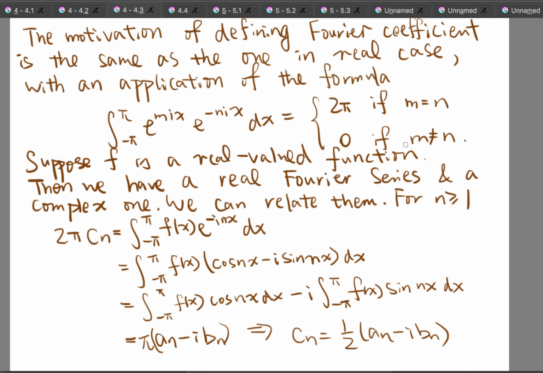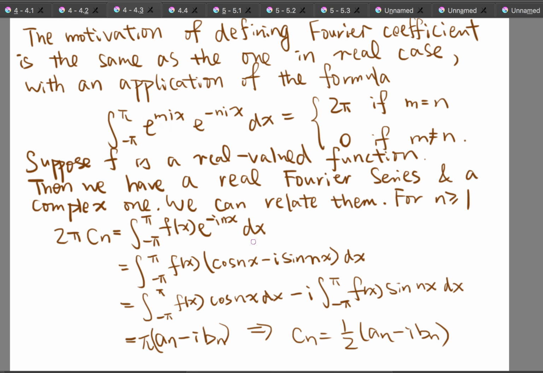So, how can we relate the real Fourier series and the complex Fourier series? In fact, we can relate them. First of all, as c_n is defined as 1 over 2 pi times this expression, we simply multiply 2 pi to the left hand side, and we get that 2 pi times c_n is equal to the integral of f(x) e^(-inx) from negative pi to pi.